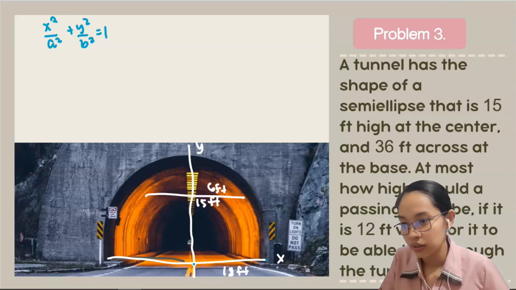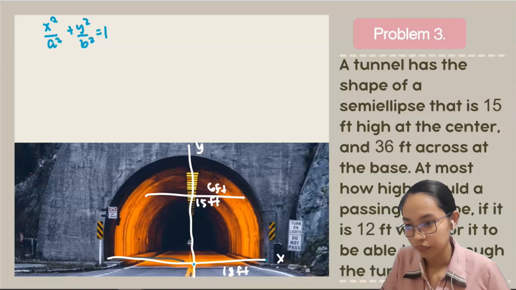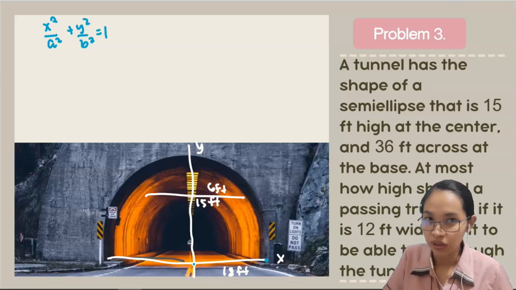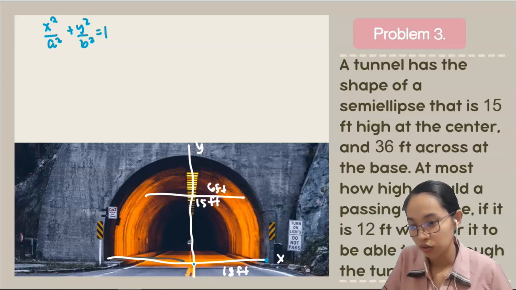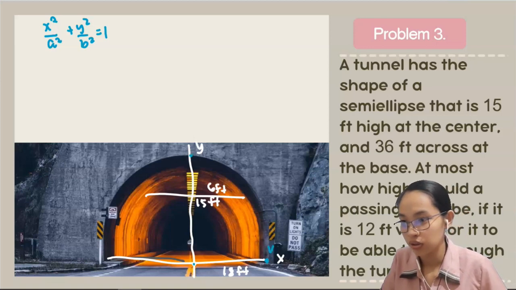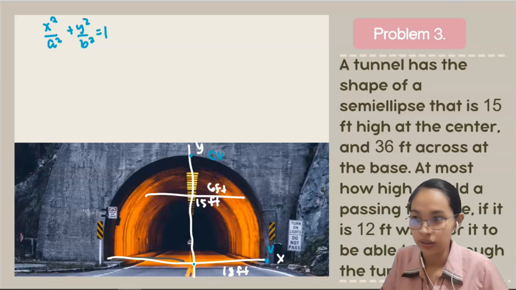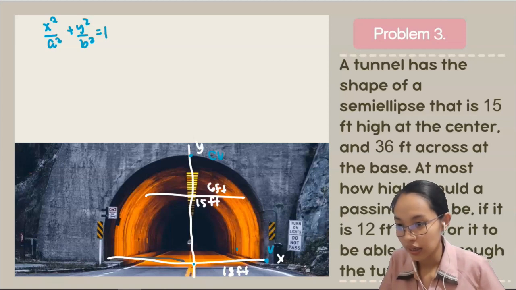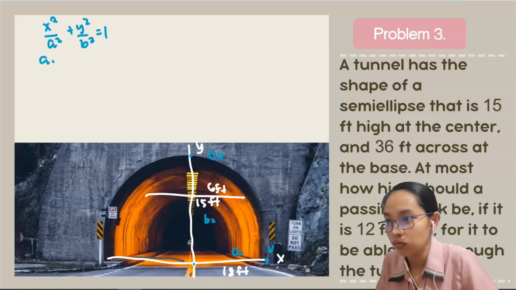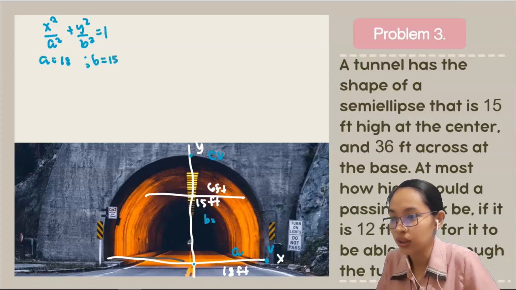So that is our equation when the horizontal movement is longer than the vertical movement. Next, at this particular point, ito, that is considered as our major axis. So, ibig sabihin, yung point na to is one of our vertices. Yung point na to is one of our covertices, which means that that is A, and yung height dito, that is B. So, we have A is equal to 18 and B is equal to 15.